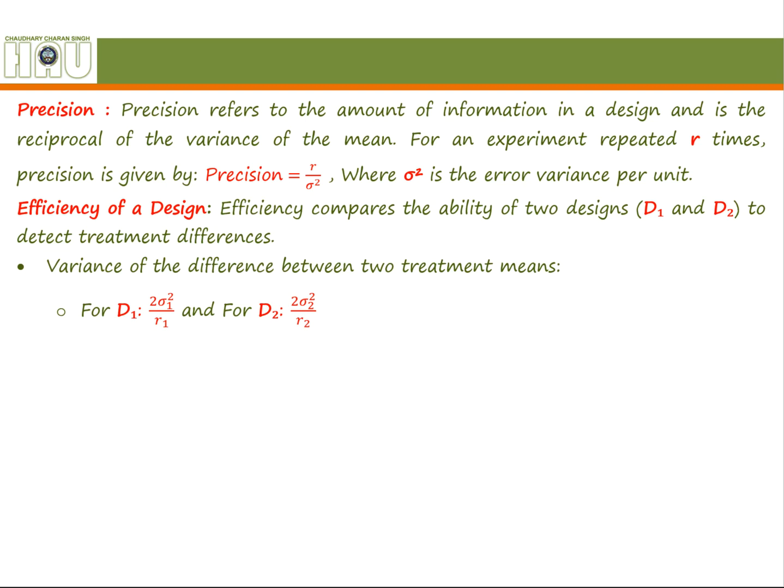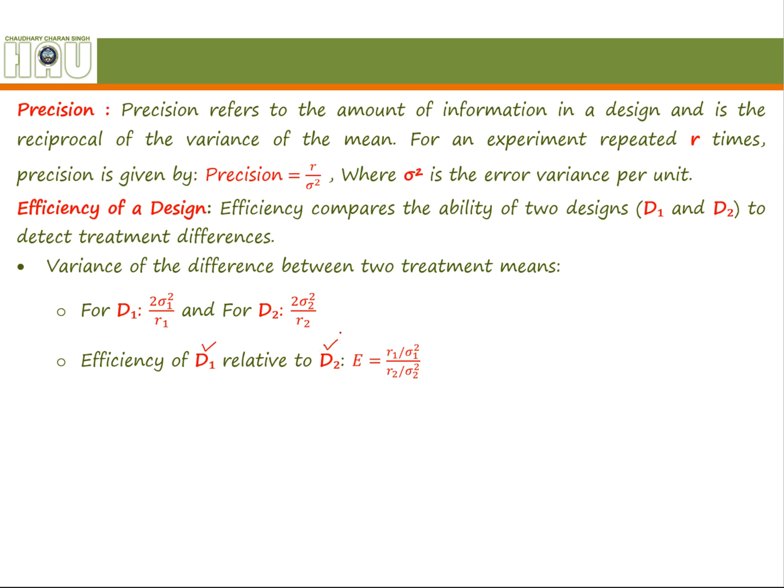So efficiency is a relative term. The efficiency of design D1 relative to design D2 is found by dividing the variances of the difference of these two. If you divide this, you get the efficiency of D1 relative to D2.